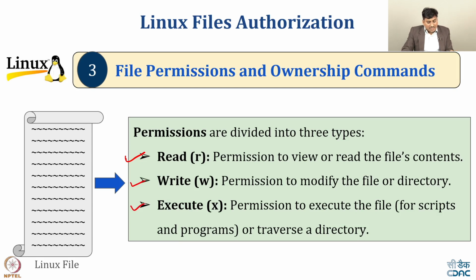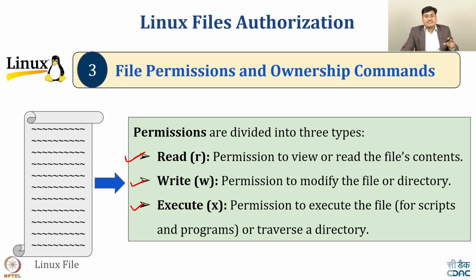And execute permission means one can execute the file, like an application or binary. And if it is a directory, with execute permission one can navigate or traverse into that directory.